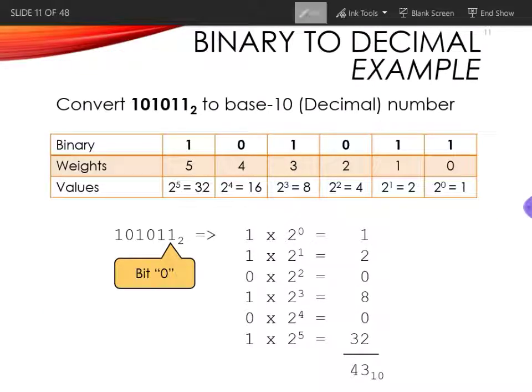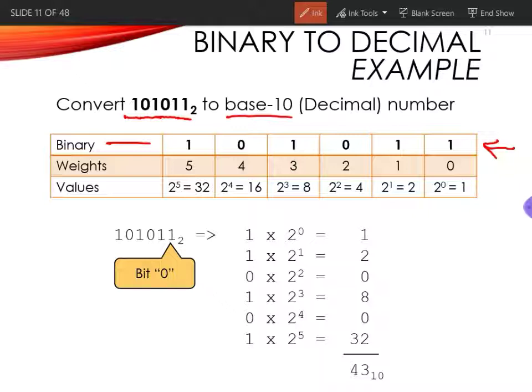So let's look at how this works out. Let's say we have the number 101011 in base 2, and we need to convert this to base 10, which is a decimal number. We can first write it out. The binary is 101011 right here.